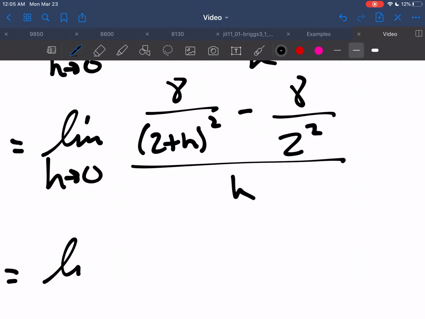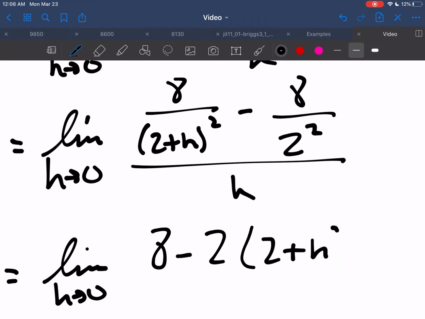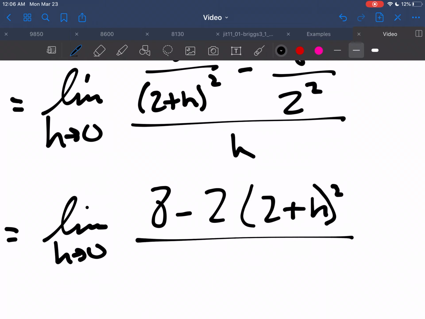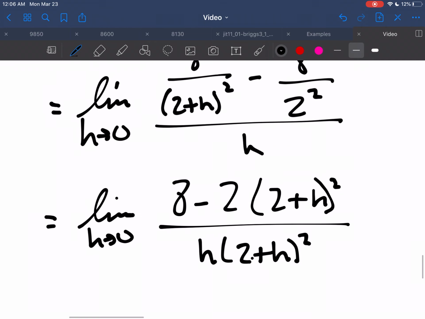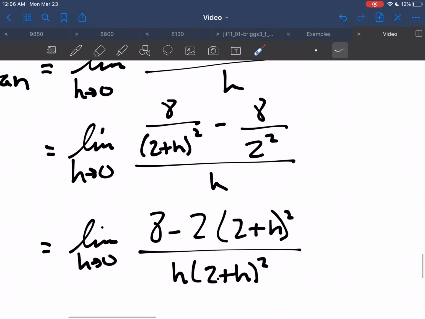This is equal to the limit as h approaches 0 of 8 minus 2 times 2 plus h, whole thing squared, divided by h times 2 plus h squared. What we did here is the same thing we did a couple examples ago.